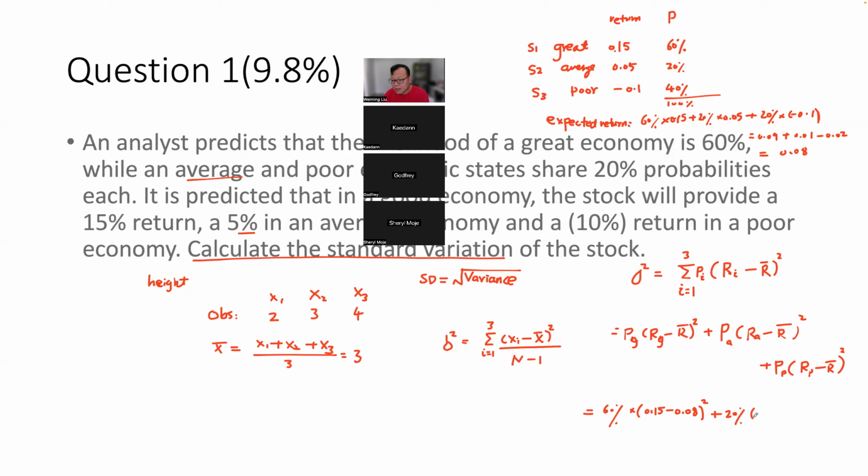Okay, and the return would be 0.05 minus 0.08 square. And plus, when economy is poor, you use 20%, the same 20%, times, important, this is a negative number, right? You go negative 0.1 minus 0.08 square.